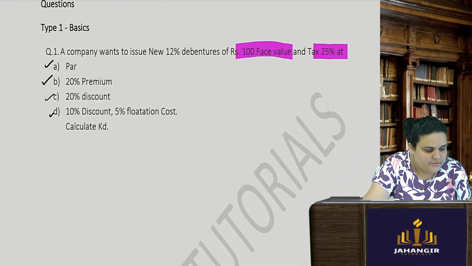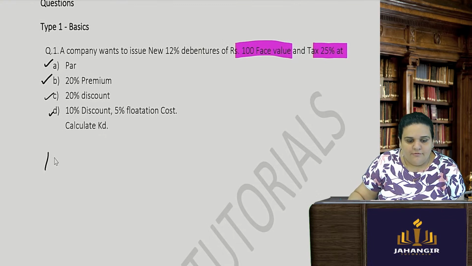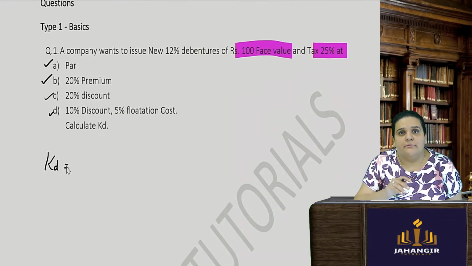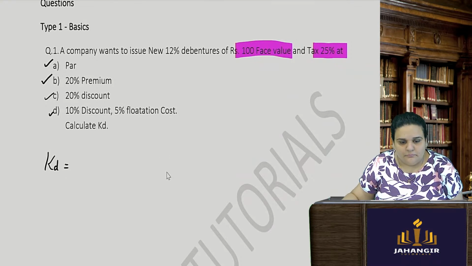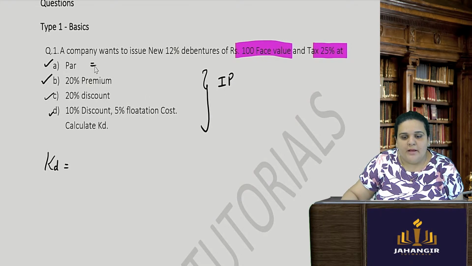Cost of debenture: if I am putting the formula, there is no redemption value here. There is only the issue price. Issue price at par means the face value and the issue price are the same.